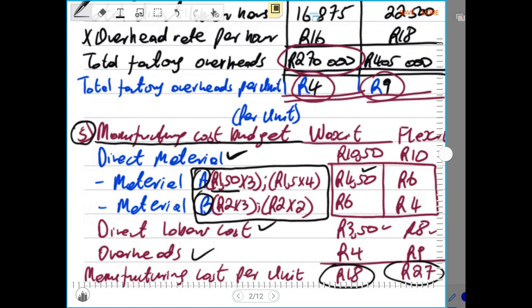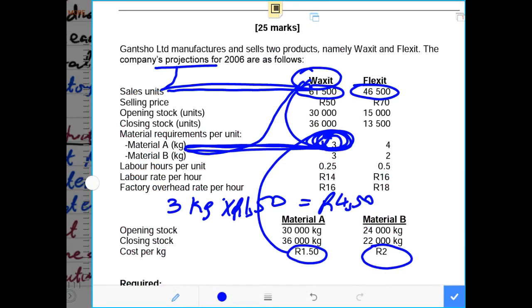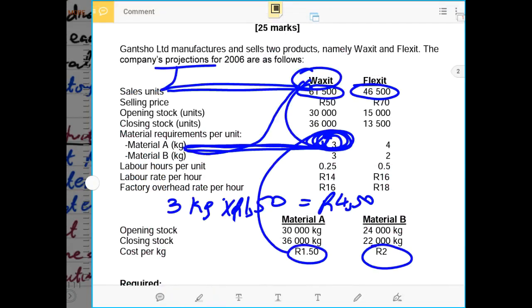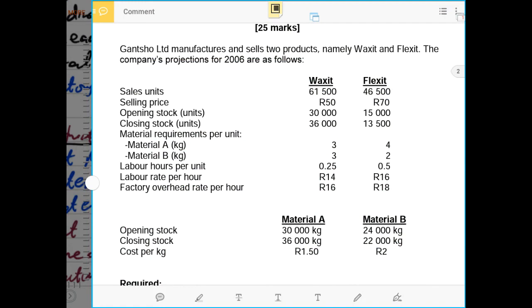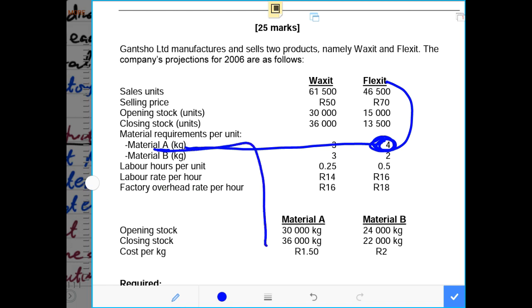Then we also need material A in product Flexit. We need 4 kgs of material A to produce product Flexit, and material A is bought at a price of 1 Rand 50 cents.